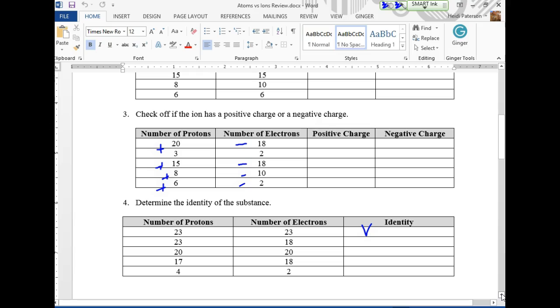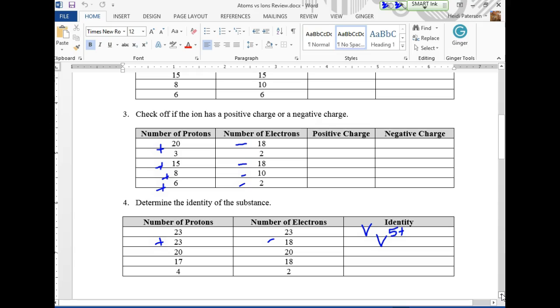Interestingly, the next one also has the symbol V. However, it has 23 protons, 18 electrons. What charge is this going to have? Positive. Please make sure that when you write charges in chemistry, you write the number and then you write the positive or negative sign.